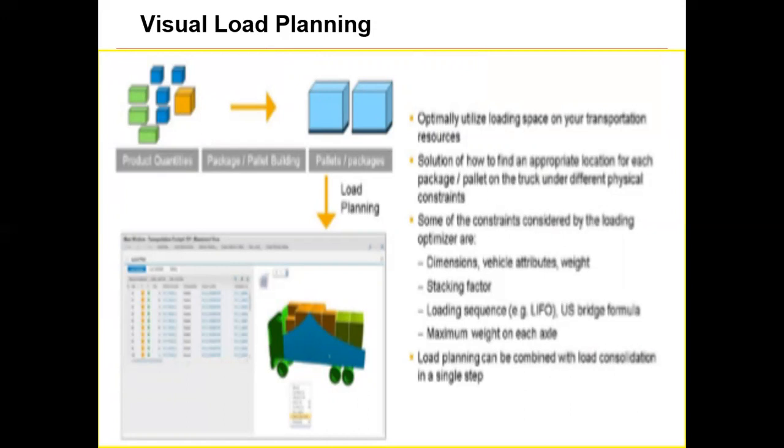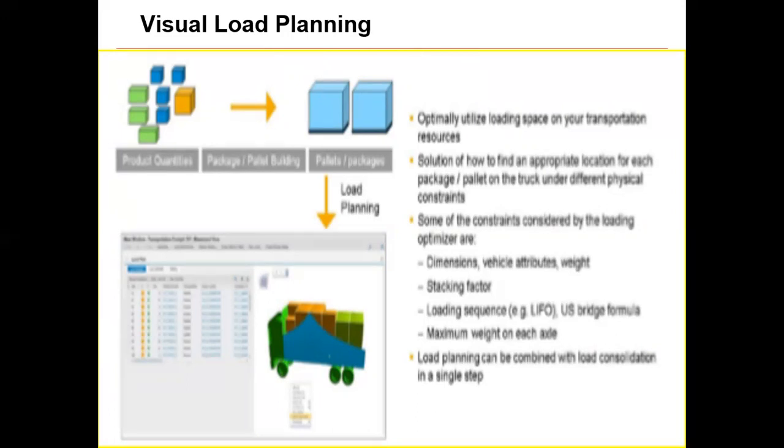Then we need to take care of the solutions, how to find appropriate locations based on the product attributes or some constraints related to the stacking rule, heights, volumes and weights. So these are the constraints which are the deciding factors for stacking the products and goods on the TU, the transportation unit.